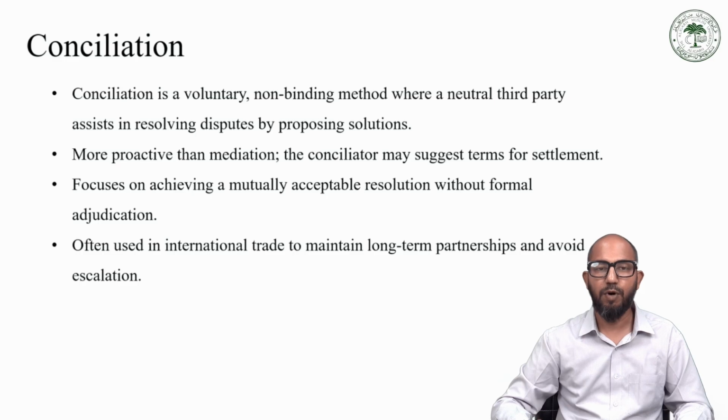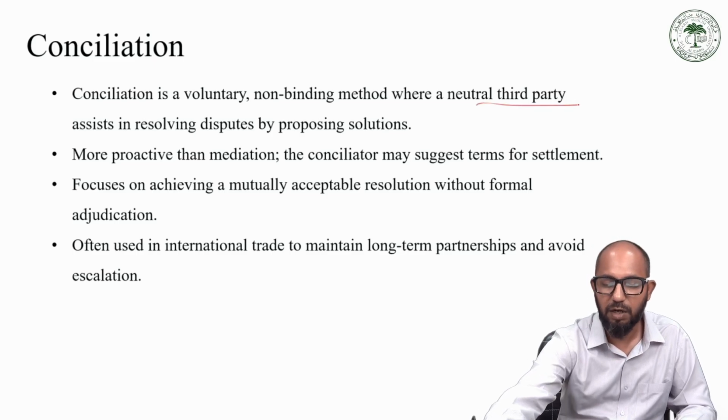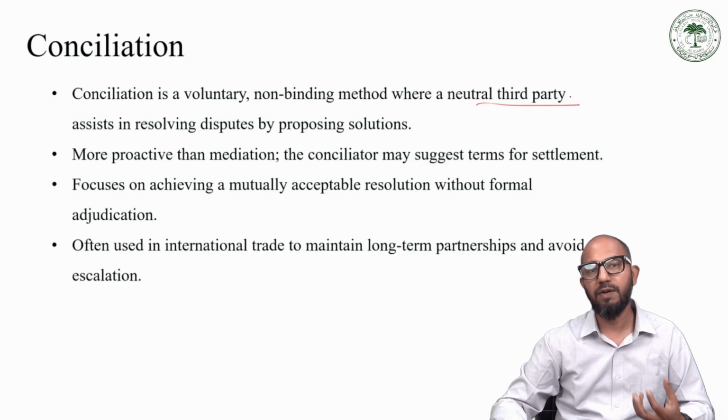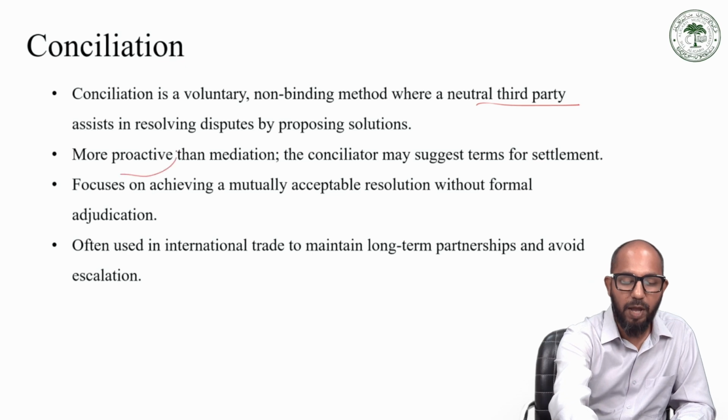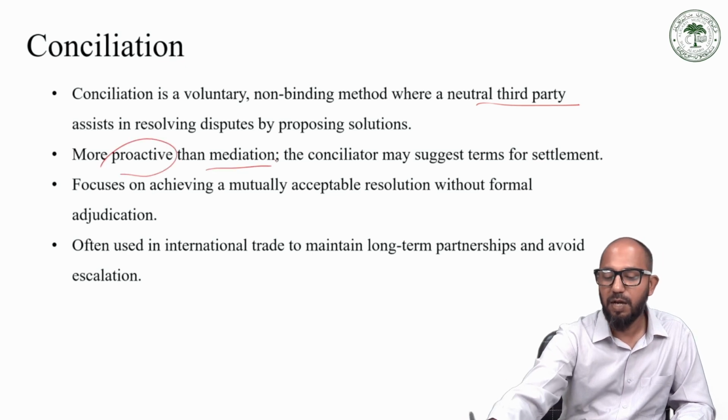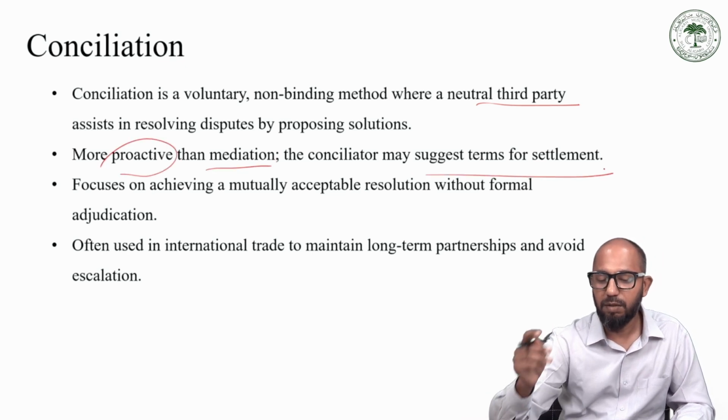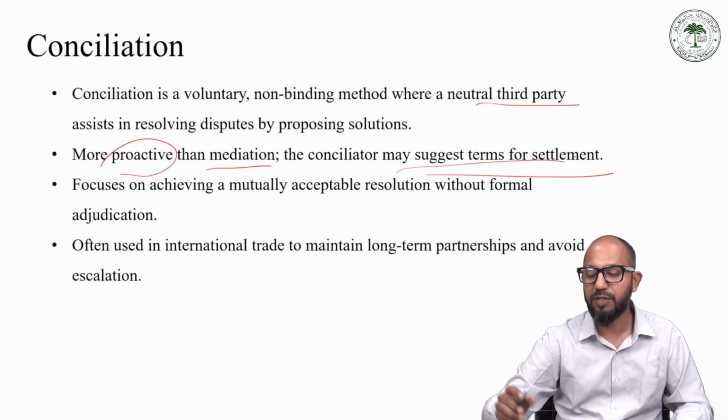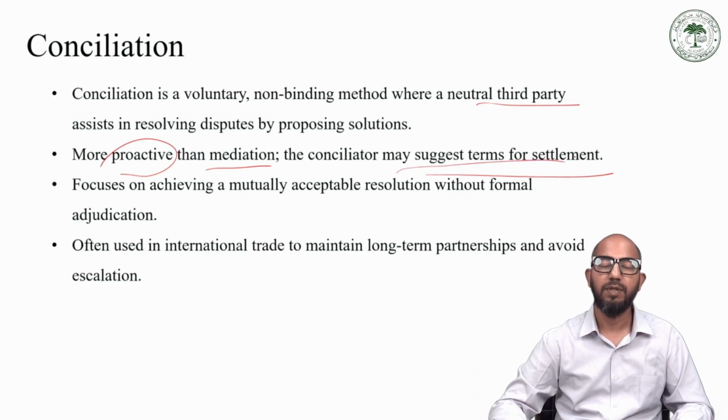The next important way in which a dispute can be settled is conciliation. Conciliation is a voluntary, non binding method where a neutral third party assists in resolving disputes by proposing solutions. Conciliation is more proactive than mediation, and the conciliator may suggest terms for settlement.